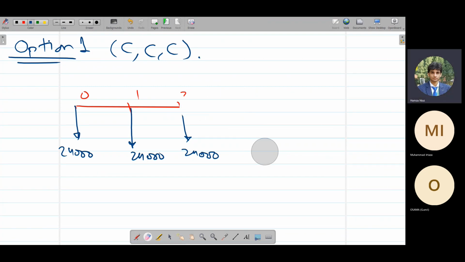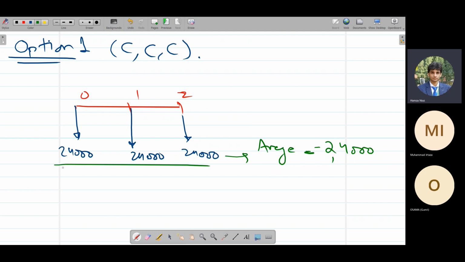We are going for a 2 year study period, so at 2 years this was like this: we have the annual operating cost of 24,000 each year. So what we have to do is simply find its average. Its average would again be 24,000 because all are 24,000. So the cost of option one would be 24,000. We are simply taking the average of these three values.